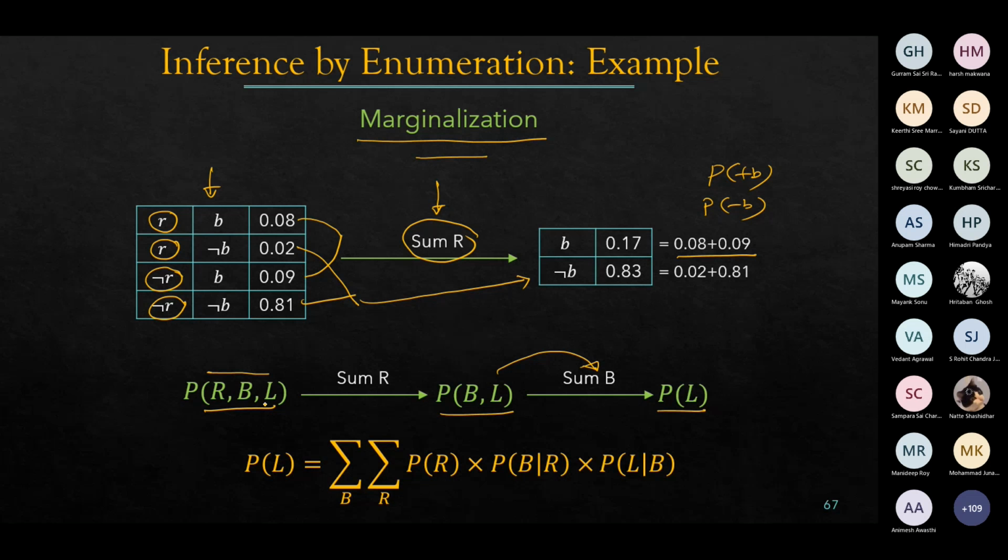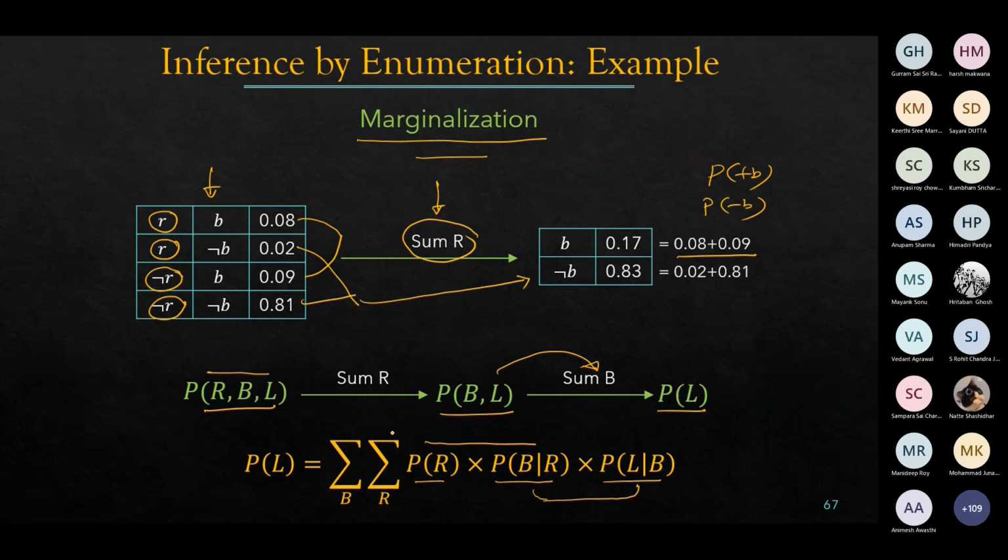Now, if we try to see what exactly we are doing, first of all, we have computed the product of these three factors by performing two joins earlier. So first we did the join of these two, and as a result, we get a factor, and we find the product of that factor with this to get the joint distribution PRLB.